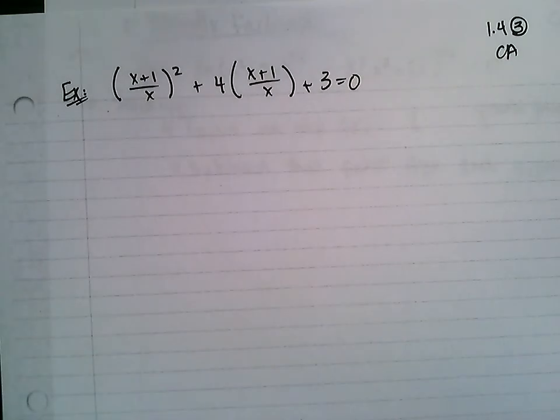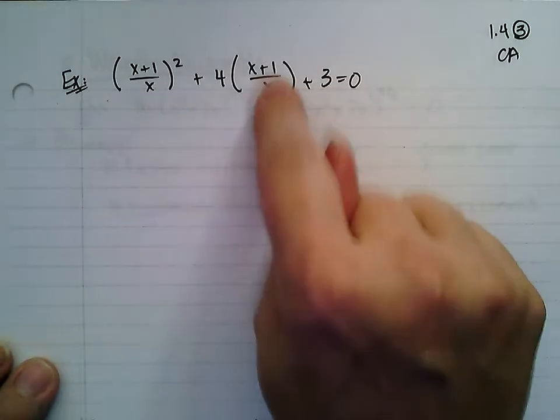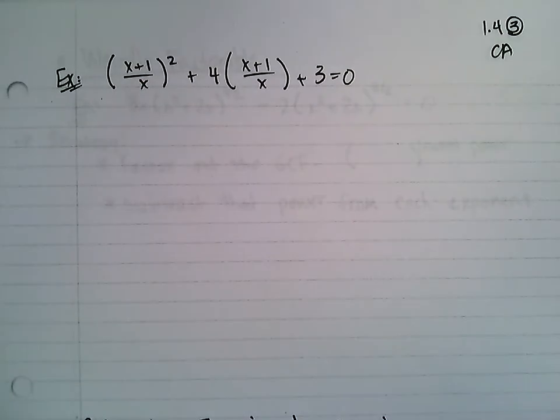Okay, here's one of those guys that's like stuff, right? So I have this stuff is to the first power, this stuff is to the second power. So remember that my u is going to be the lower of the powers. The u squared is going to be the one that is twice as big.